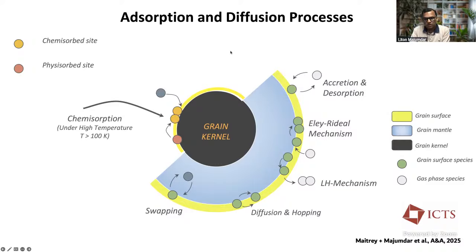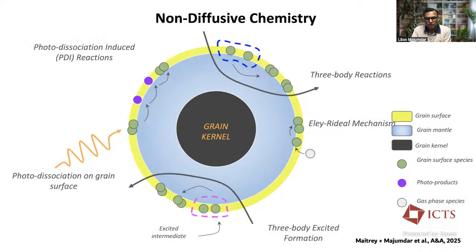Okay, so just to give you a perspective, same as in a planetary atmosphere, here also you can have two body reactions, you can have three body reactions, you can have photodissociation reactions, which is also similar to the photochemistry that you were handling. And each of these processes is not only happening in the gas phase, but they are also happening on the surface. And they're continuously interacting with each other and controlling the abundances for the formation of future species.